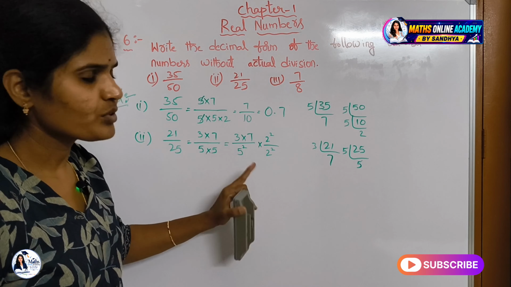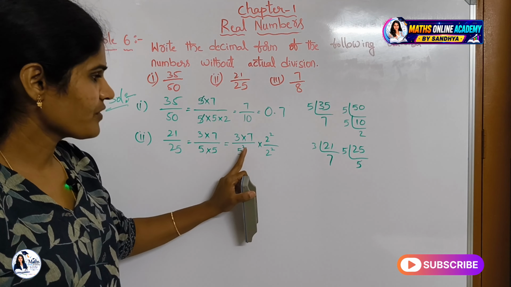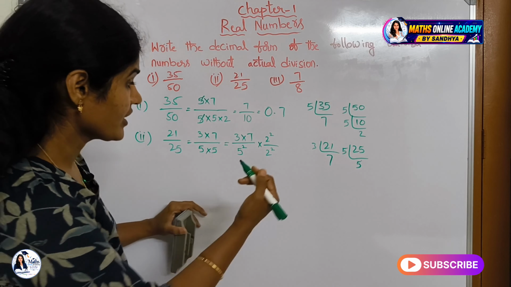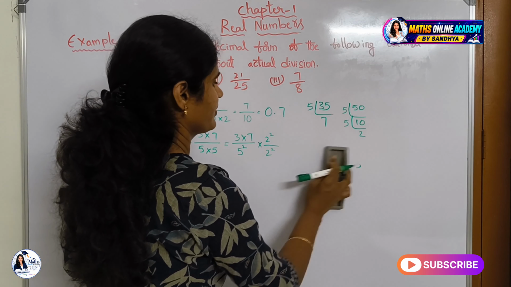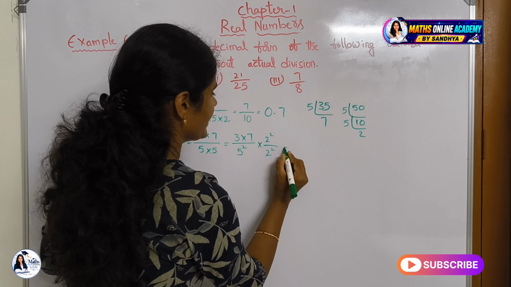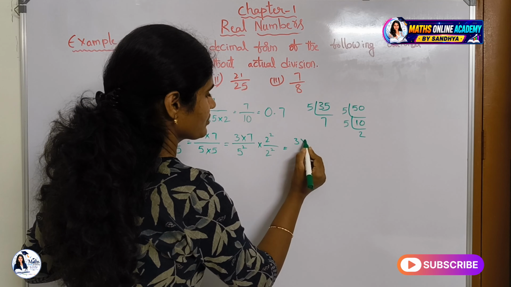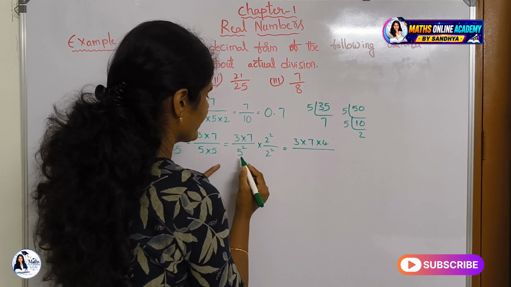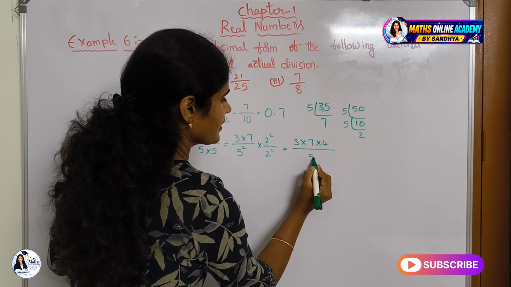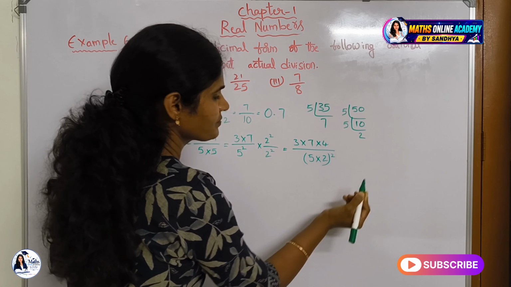For simplifying, it is easy. Finally it will become 3 into 7 into 4 divided by 5 into 2 whole square.